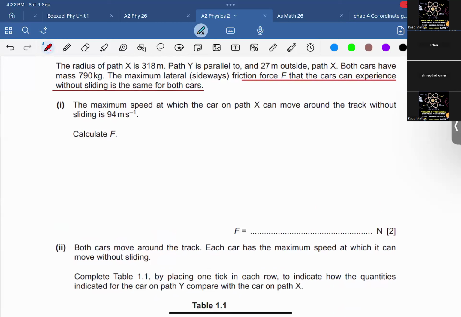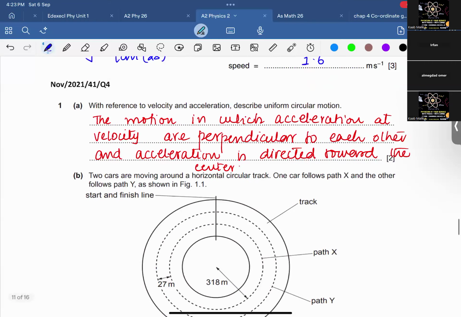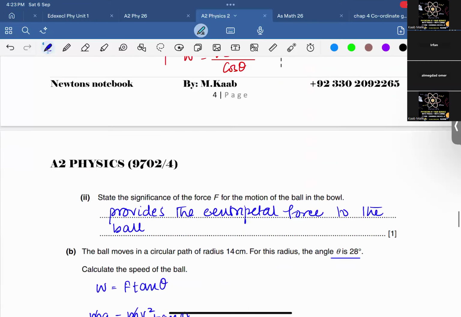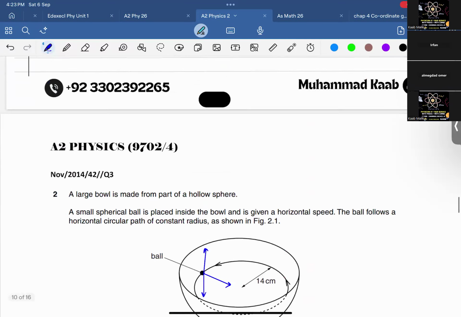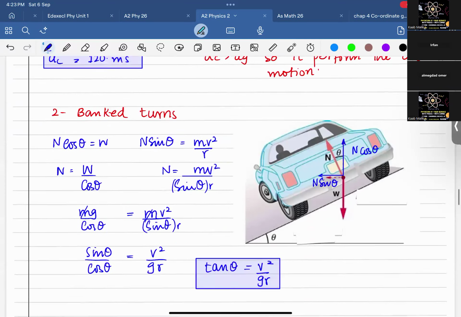The maximum speed at which the car on path X can move around the track without sliding is 94 meters per second. Which formula do we use? Okay, it's just a simple concept.